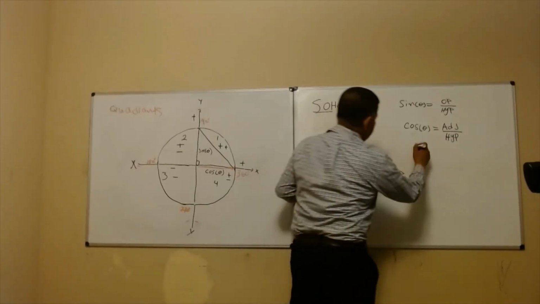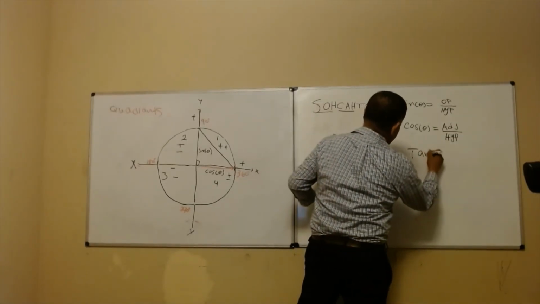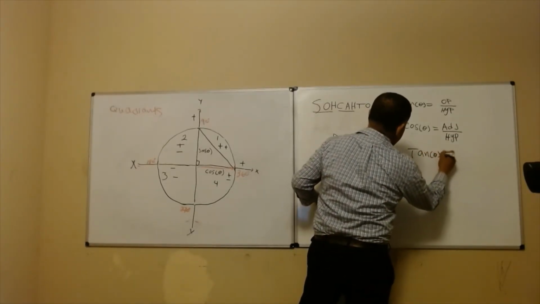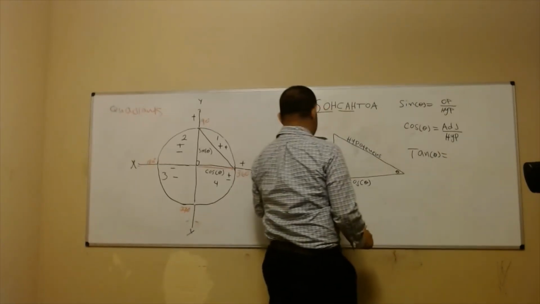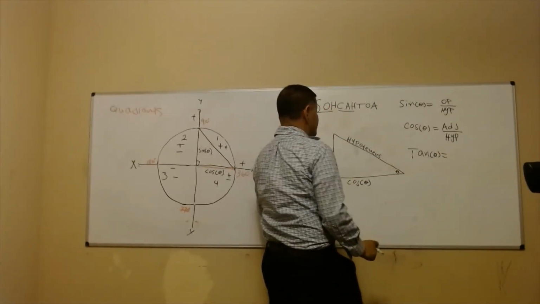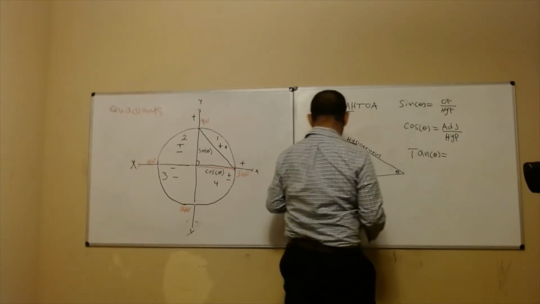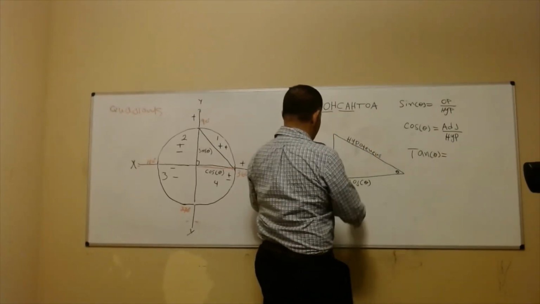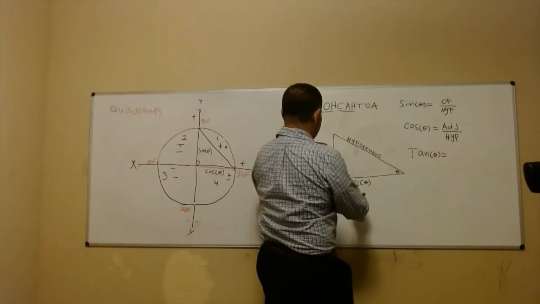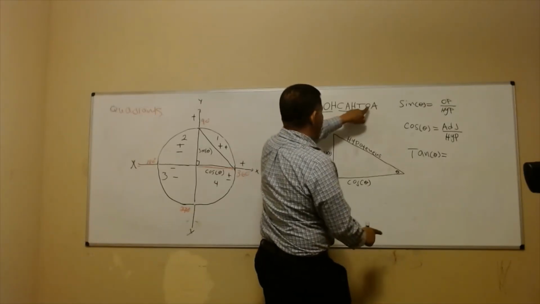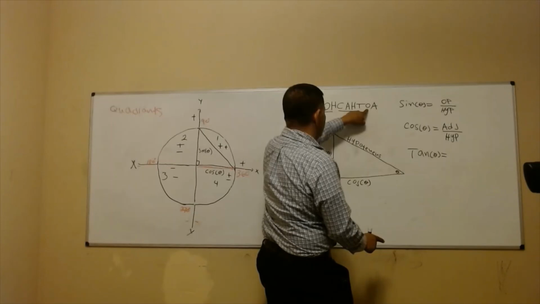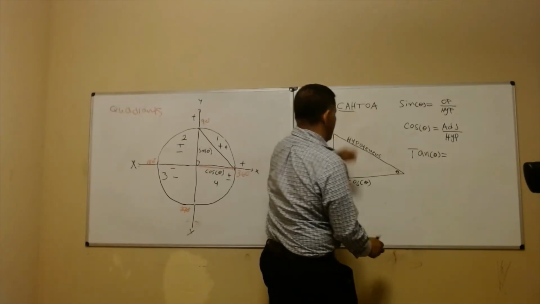So tangent of theta is equal to opposite over adjacent.